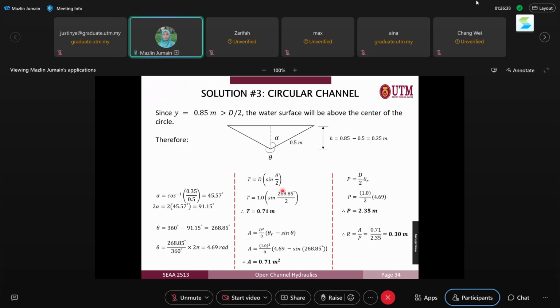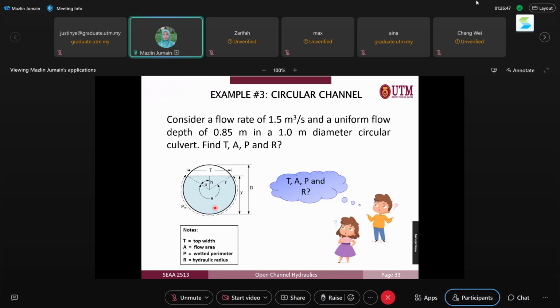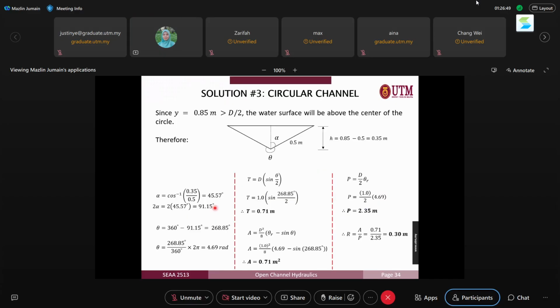Okay, and then okay. So yang ini, this is the equation, inverse cosine of 0.35, which is dekat bahagian sini, divided by the hypotenuse dekat sini 0.5, then we'll get the alpha value 45.57 degree.